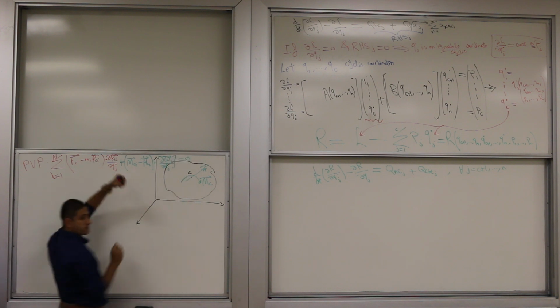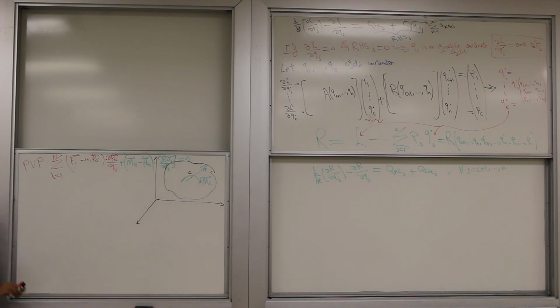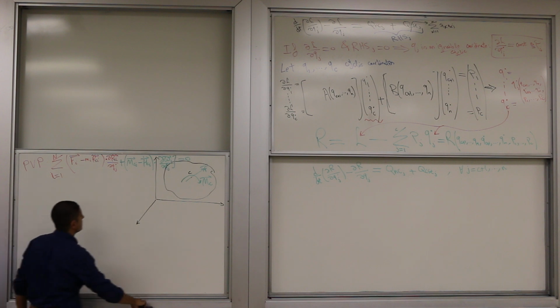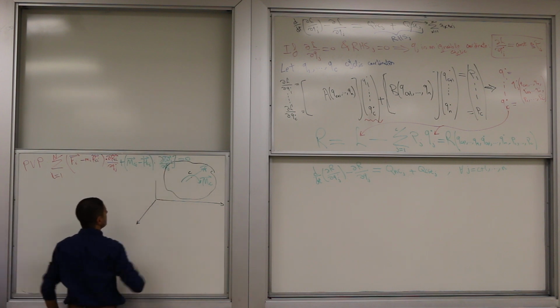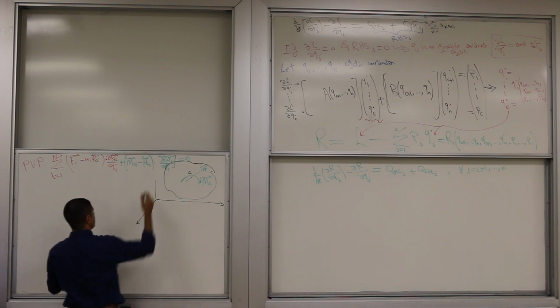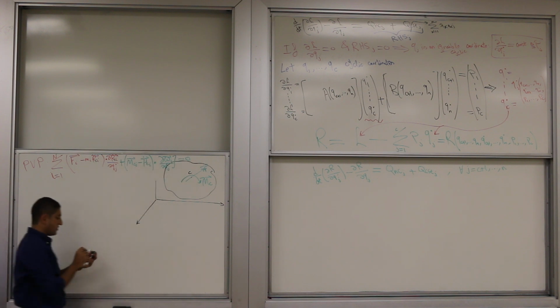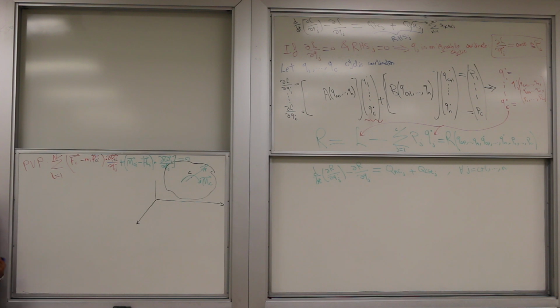This is 0. Okay? So now this is the principle of virtual power when accounting for a rigid body.